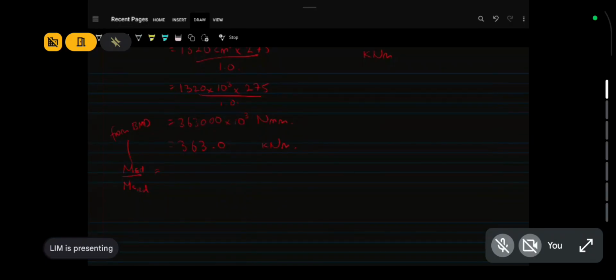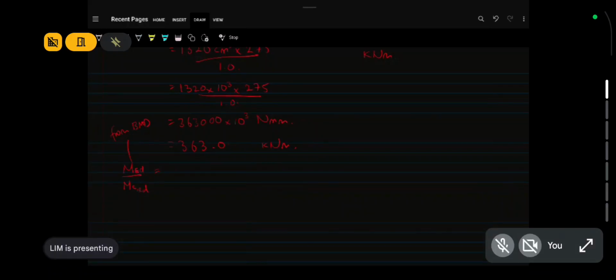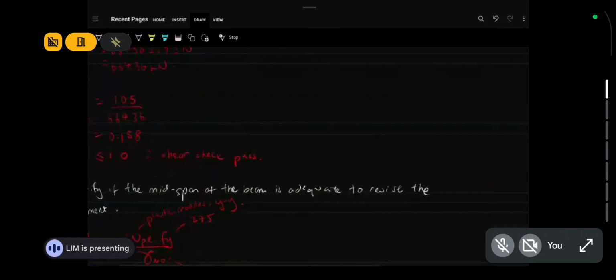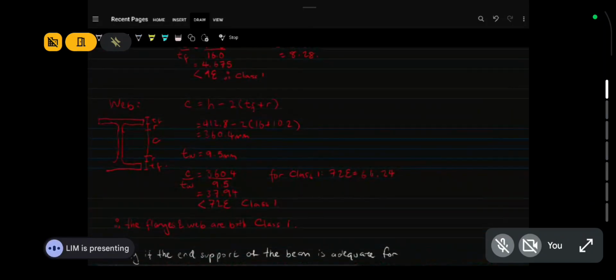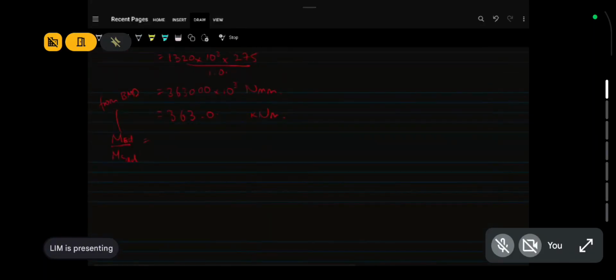Quick, we're almost finished. 260. So 260 is the MED divided by MCRD 363.